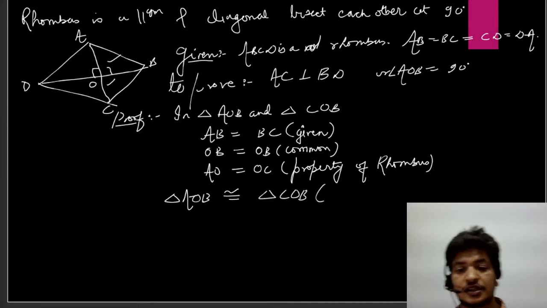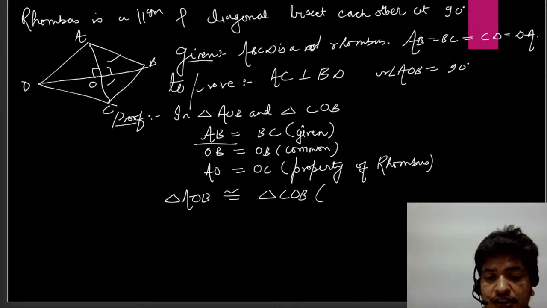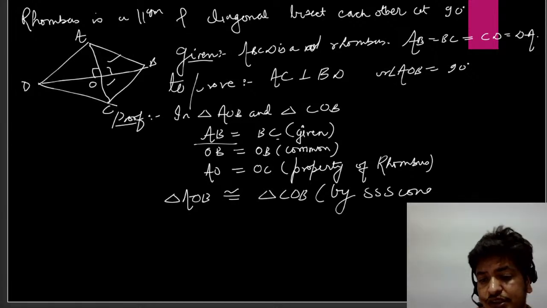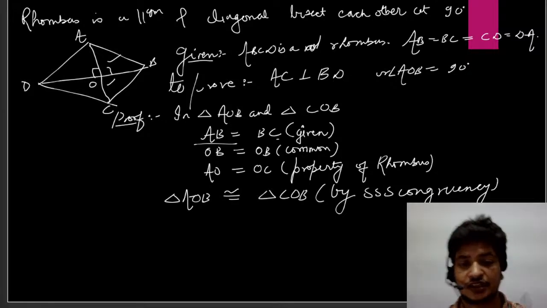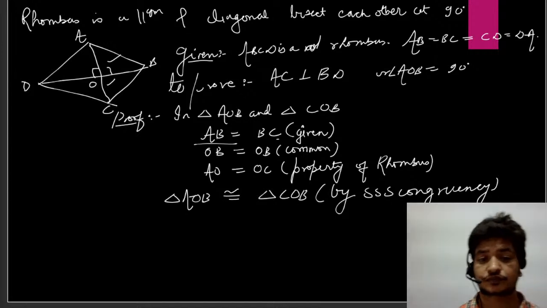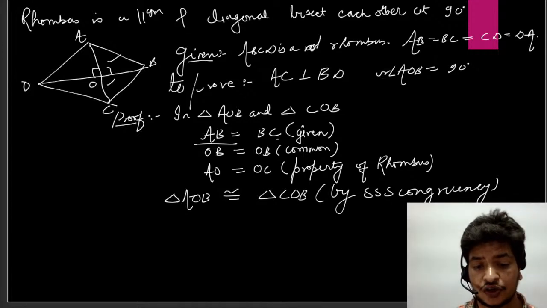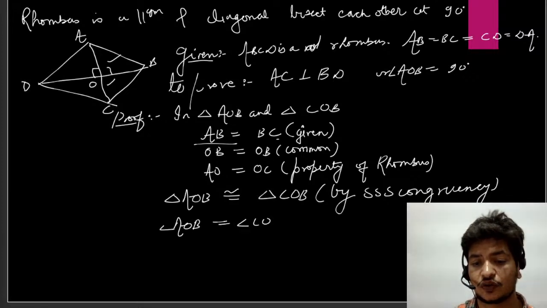By which property? Since we are having sides, we are using the SSS congruency. By SSS congruency, we can prove that these two triangles are congruent to each other. Now, this helps me find the angle, that is angle AOB equals angle COB.